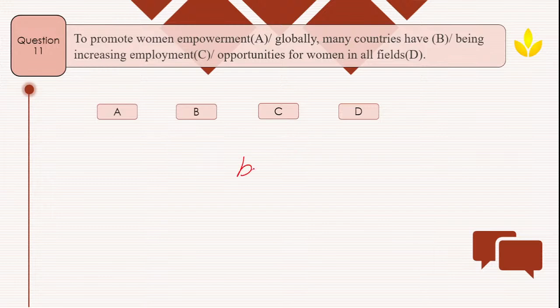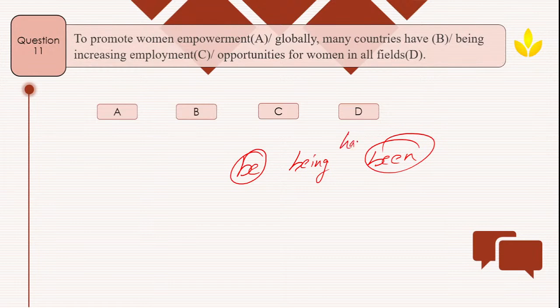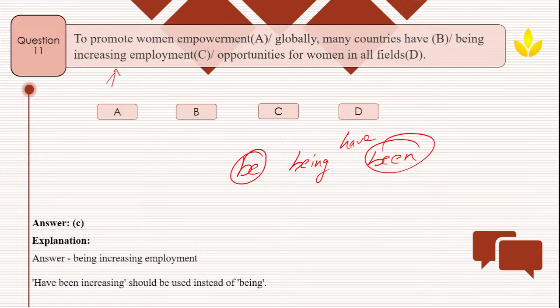The verb form we are using is the be form, continuous is being, past participle is been. So "have been increasing" is the correct answer. You can pause it and see, "have been increasing" should be used instead of "being", that is the explanation.